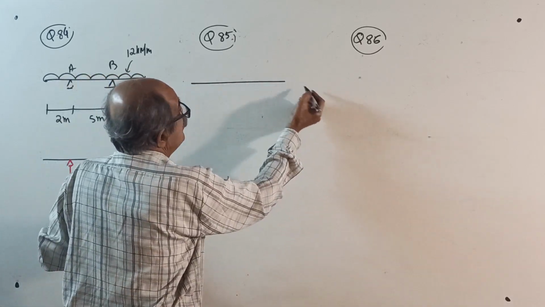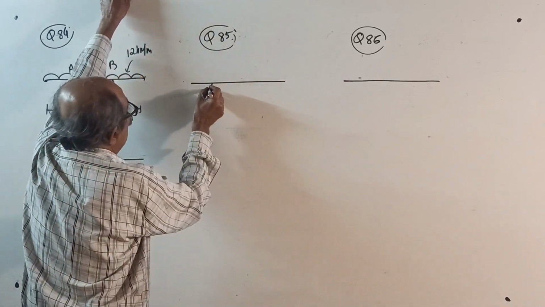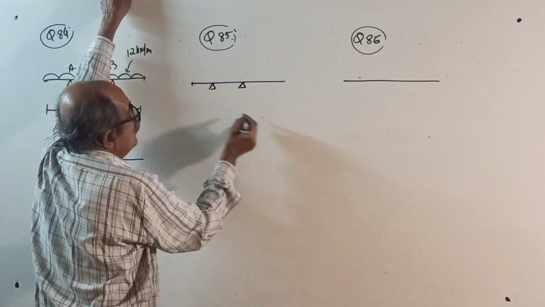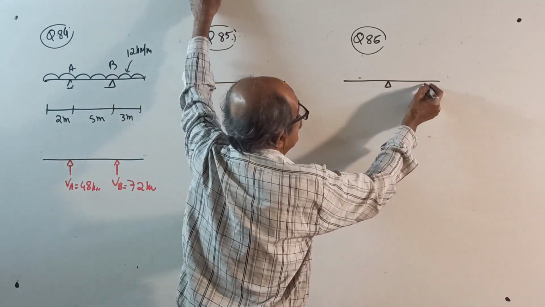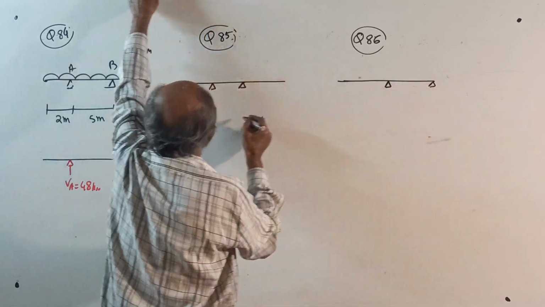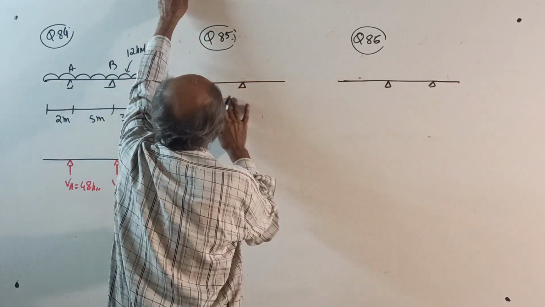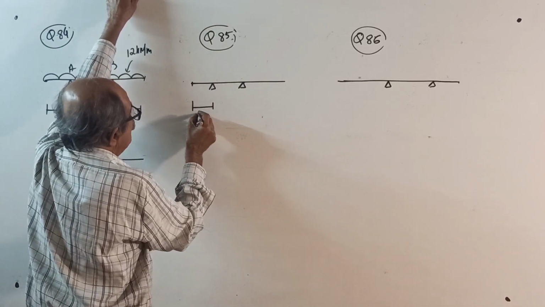Now this question, 2 questions I will solve here, where right overhang is bigger, left overhang is bigger. I will tell you what is the purpose of this question here. Double side overhang, okay, no problem. Here, this distance is 2 meter.